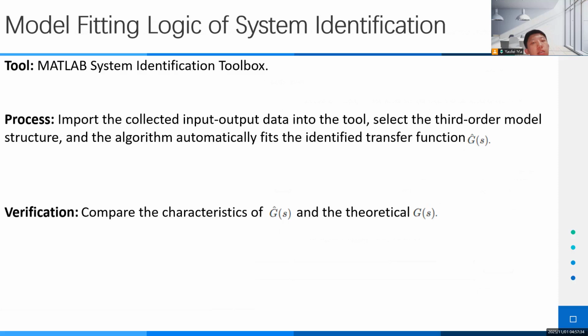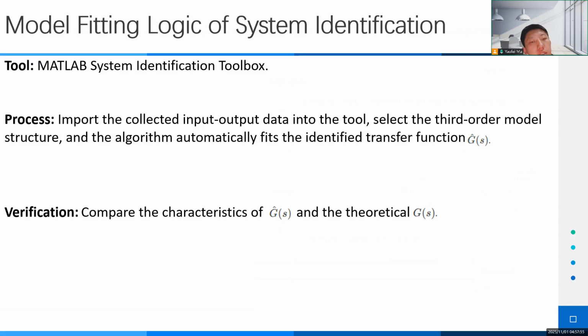For system identification, I use MATLAB's System Identification Toolbox. It's a helpful tool for these tasks. The process is simple. First, import the input-output data we collected into the toolbox.